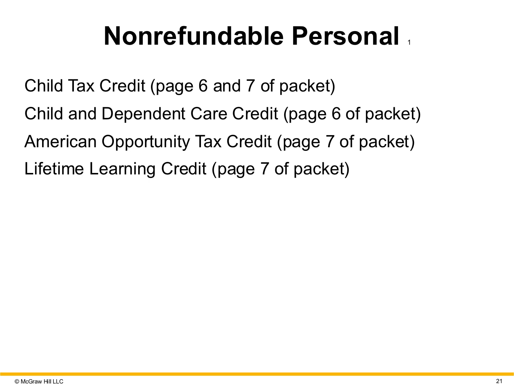The next credit is the American Opportunity Tax Credit. Details for this are on page 7 of the tax rates and schedules packet. This credit is for the first 4 years of post-secondary education. It is for eligible higher education expenses in institutions only.